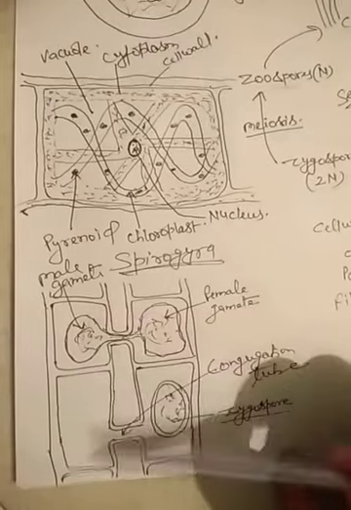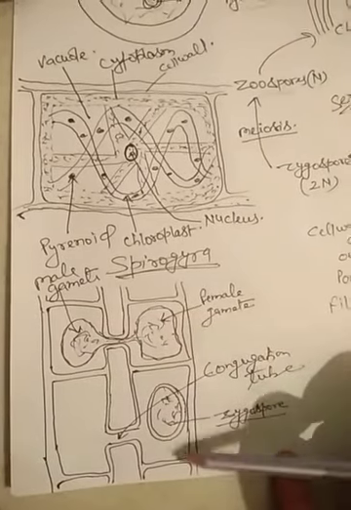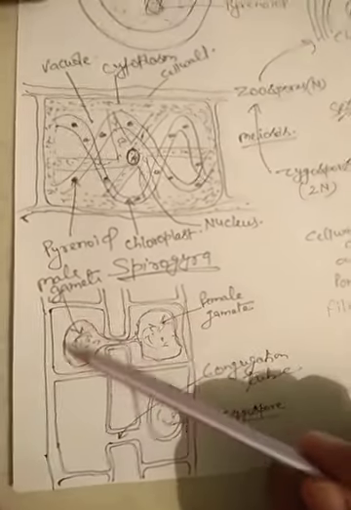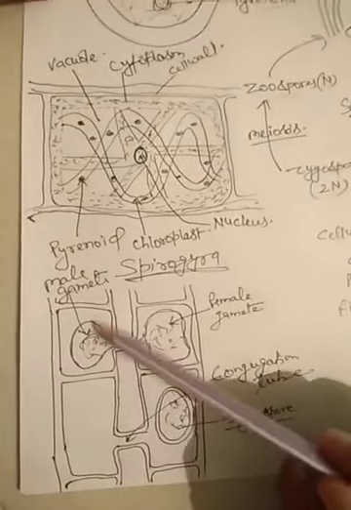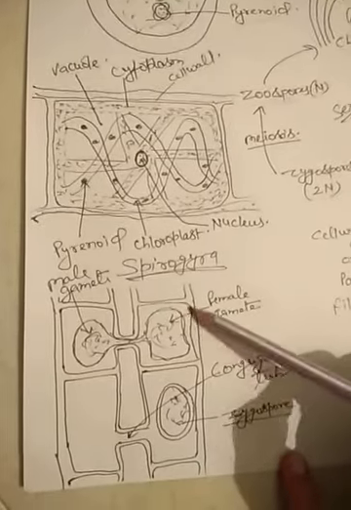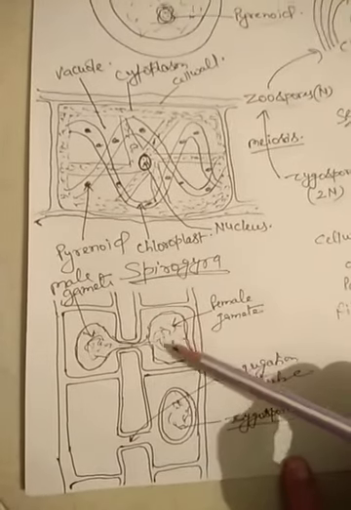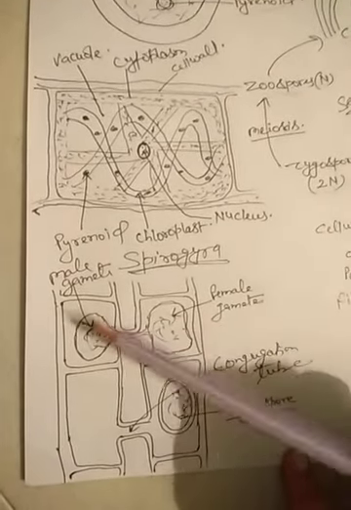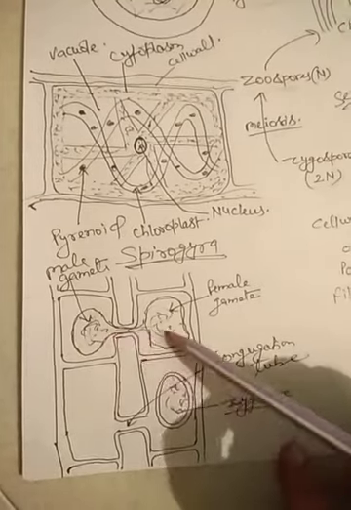Suppose this is the male filament and this one is the female filament. In the male filament each cell produces male gametangia, and the female filament produces female gametangia. Gametangia produce the gametes, and then gametangial fusion occurs.